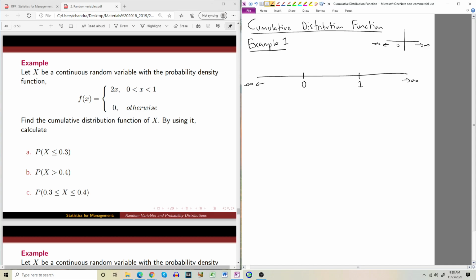That's how we see. Now if you notice here, there are 3 intervals. This is the first interval, this is the second interval, this is the third interval.